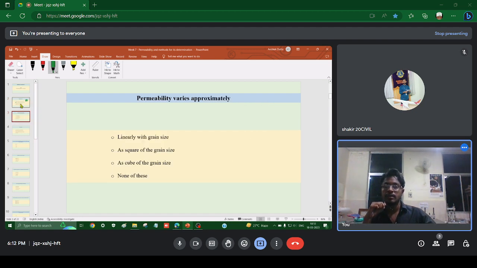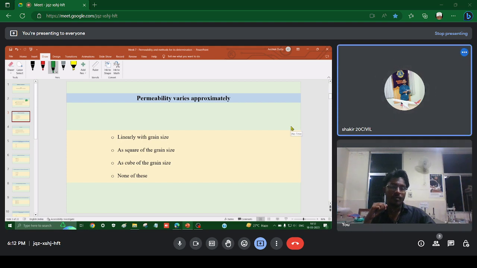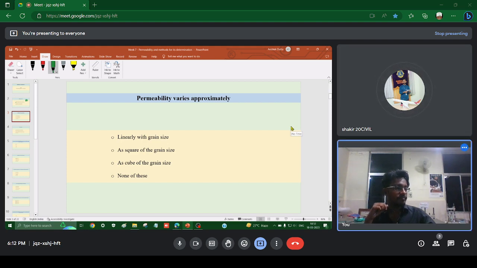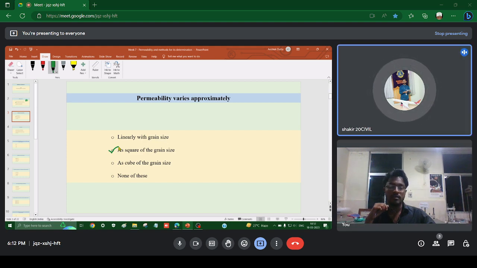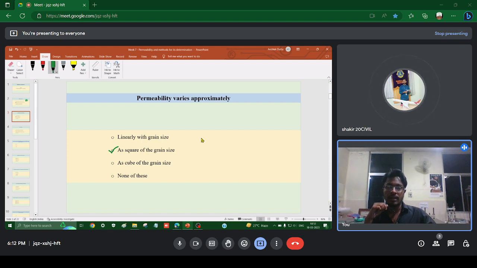Next question. Permeability varies approximately as the square of the grain size. Okay, I'll not tell you the exact equation. If you know Poiseuille's law and Darcy's law, and Allen Hazen's. Okay, you wait, there are more questions.